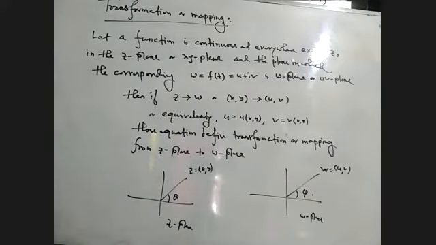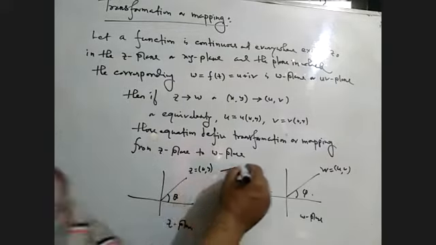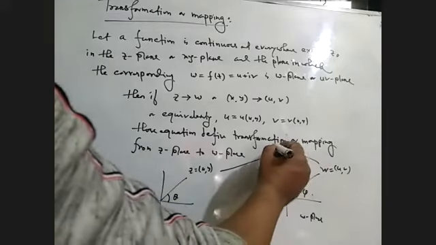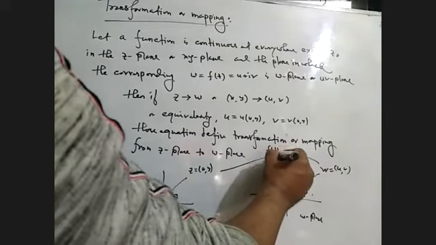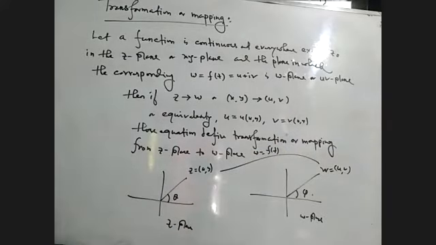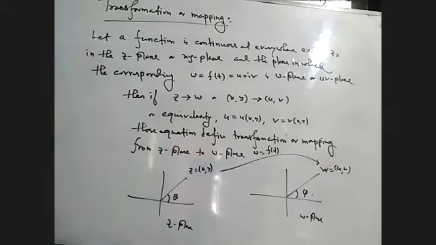That means this will be the mapping from z plane to w plane, w equals f of z. So this is the mapping or transformation, this is the z plane and this is the w plane.